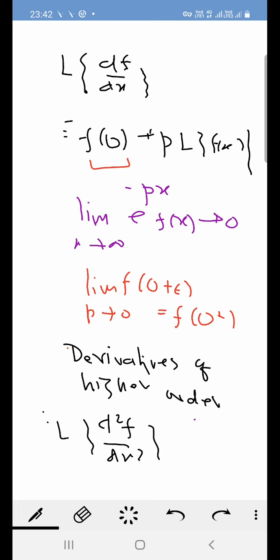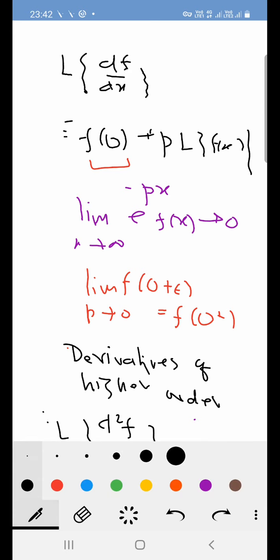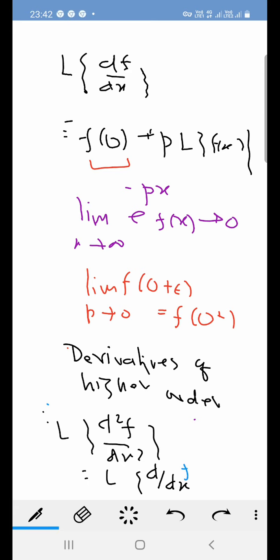So we can write it as L of d by dx of f dash x. We write it in this fashion. That means d squared f by dx squared is equal to d by dx of f dash x. This is the expression that we are using.